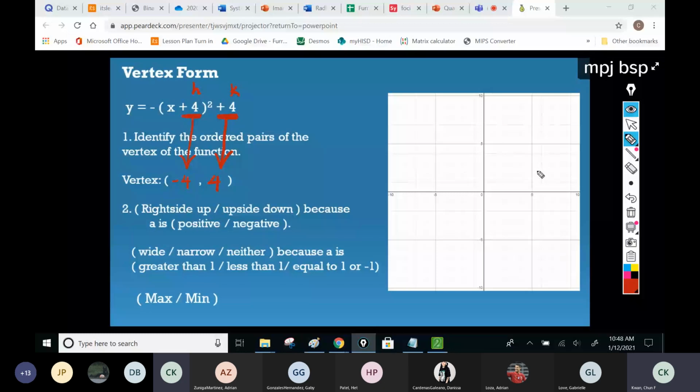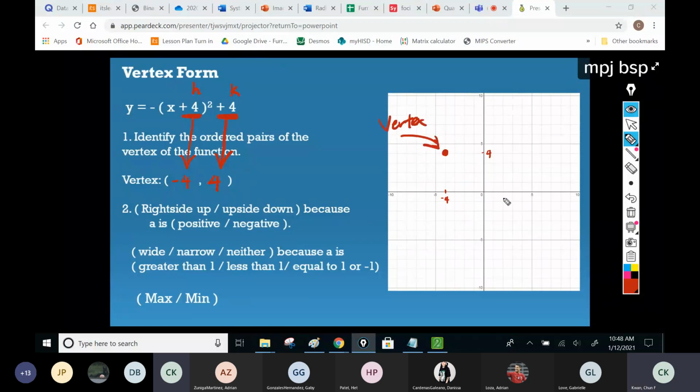All right, now we're going to find this point right here, -4 and +4. So -4 is right here, and then +4 is right here. So this is the vertex, the tip of the graph.